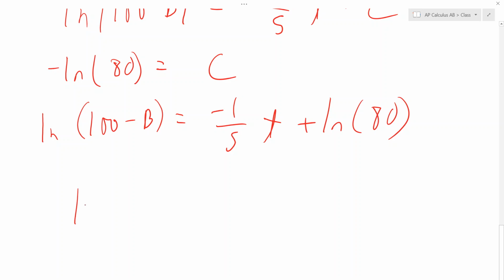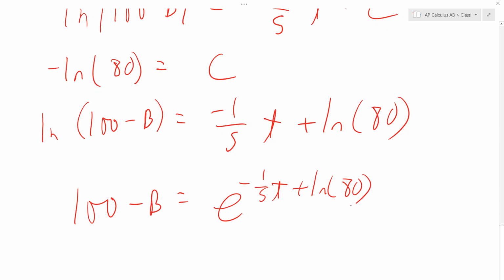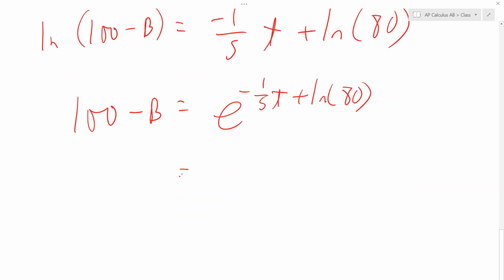Now we raise to the e. Addition in the exponent is really the same thing as multiplying, right? And e to the ln of 80 is just 80. So it's 80e to the negative 1/5 t.